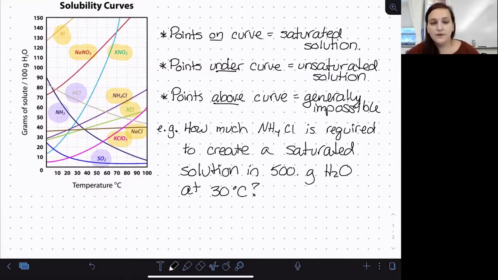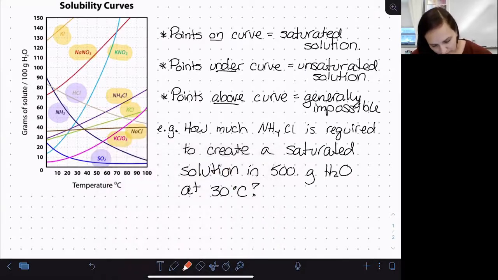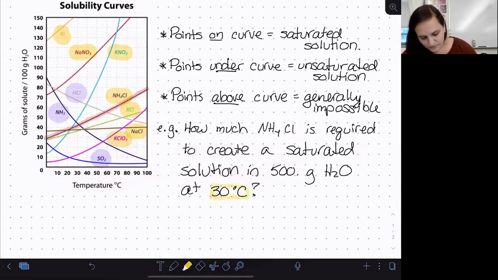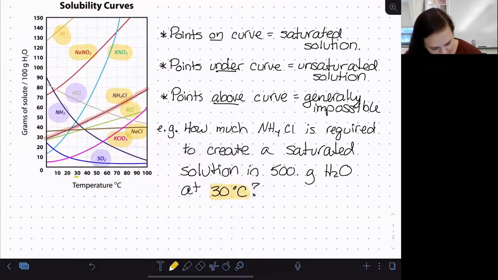So if we look at our graph, we're still using ammonium chloride. So we're looking at this curve right here. The temperature that we're interested in is 30 degrees Celsius. So we want to look at this curve at 30 degrees Celsius. It's here.